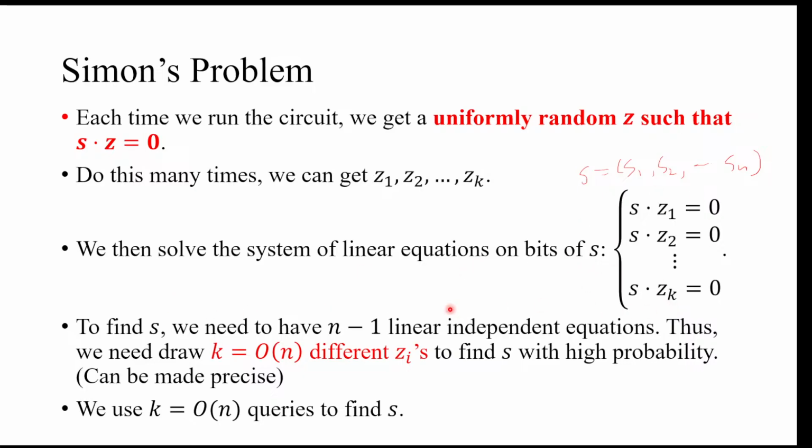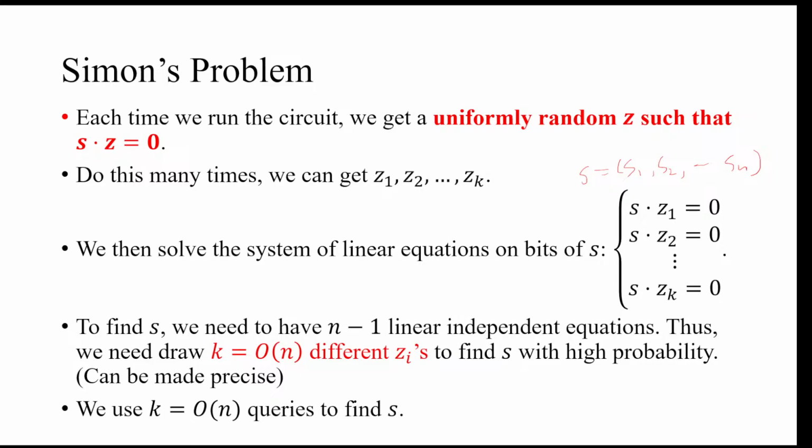So for Simon's algorithm, even for quantum, there is some success probability, because you need to not be too unlucky when you draw those z. You draw enough z, and then you have a very high probability that you can solve for a unique s from that linear system of equations.